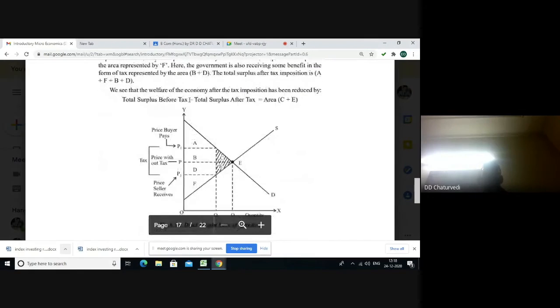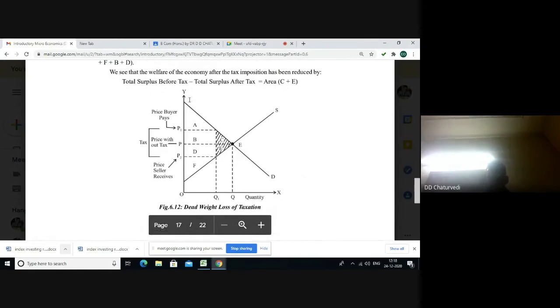Things will be clear from figure number 6.12, where demand and supply curves are intersecting each other at point E. So E is the equilibrium point. Corresponding to this equilibrium point, price before imposition of the tax is OP.